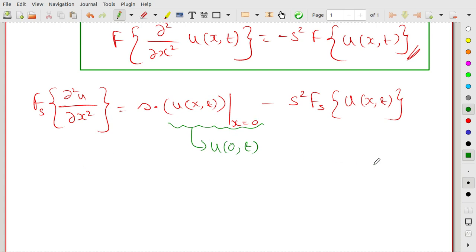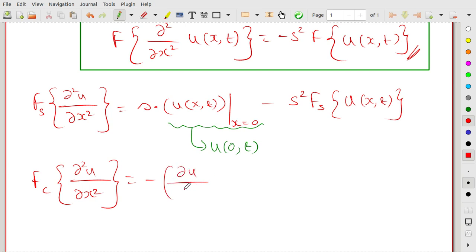Similarly, the Fourier cosine transform of dou square u by dou x square is equal to minus dou u by dou x at x equals 0, minus s square Fourier cosine transform of u.